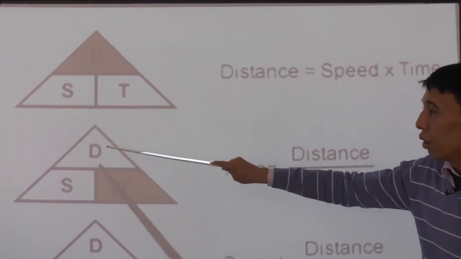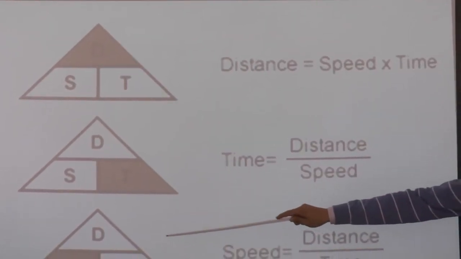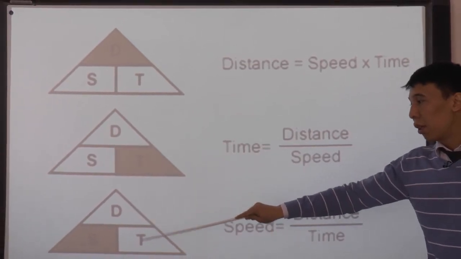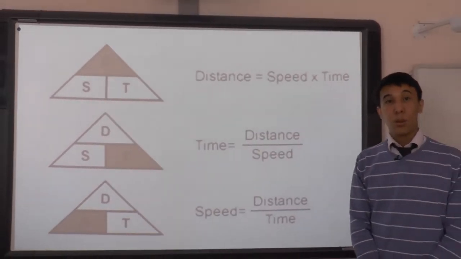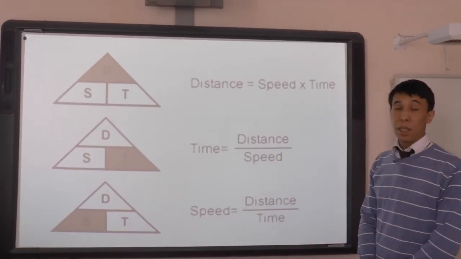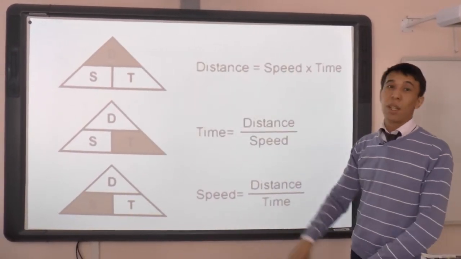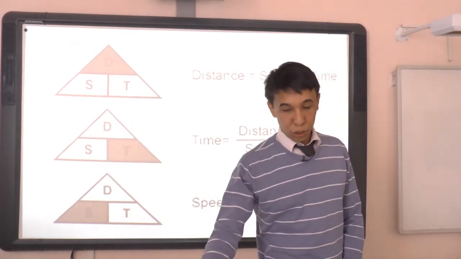Time is distance over speed, or, in the next example, we find speed, which is distance over time. I think it's a very easy way to learn these equations by using this funny triangle method. Okay, let's go to the next presentation.